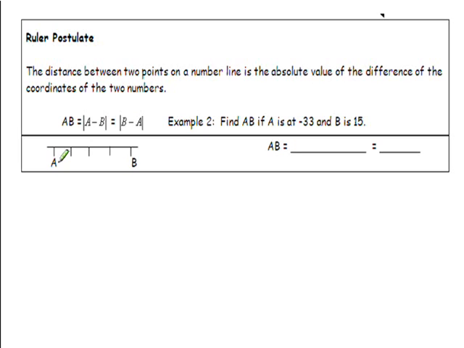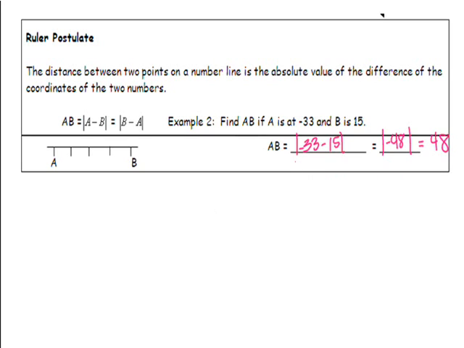Basically what it's saying is, if I know what A is and I know what B is, I can count how far apart they are on a number line, but we never say anything that straightforward in geometry. So here's an example. If I need to find the length of AB, if A is at negative 33 and B is at 15, I can just take negative 33 and subtract 15, that's the absolute value, which gets me negative 48, and the absolute value of a negative number is always positive, so it's 48.